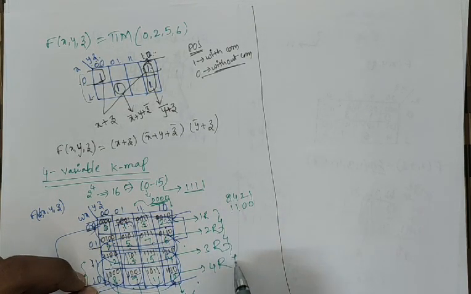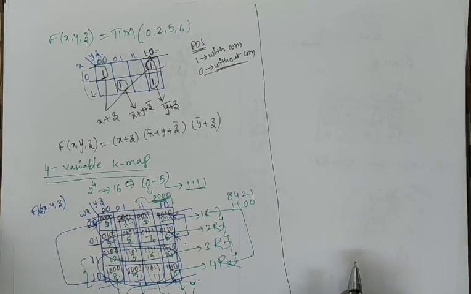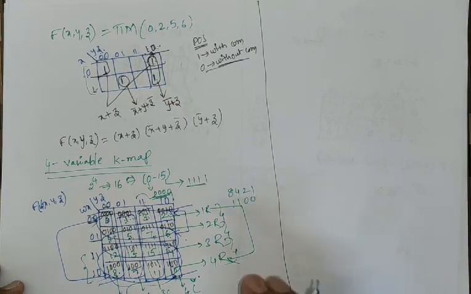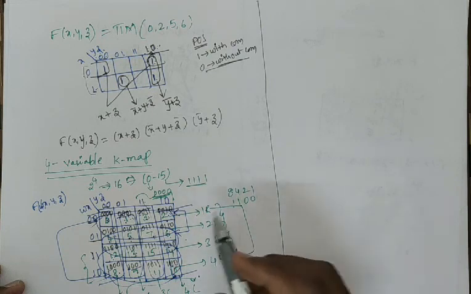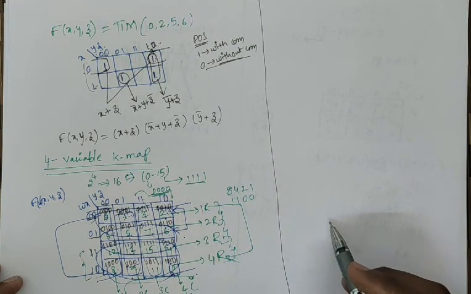Okay, 3r is adjacent to 4r, 4r is adjacent to 1r. Like the same, 1c is adjacent to 2c, 2c is adjacent to 3c, 3c is adjacent to 4c. Again, 1c is also adjacent to 4c. Okay, understand? So these are the different adjacent terms, rows and columns representation.